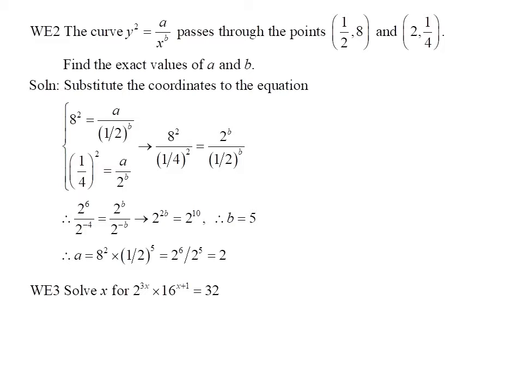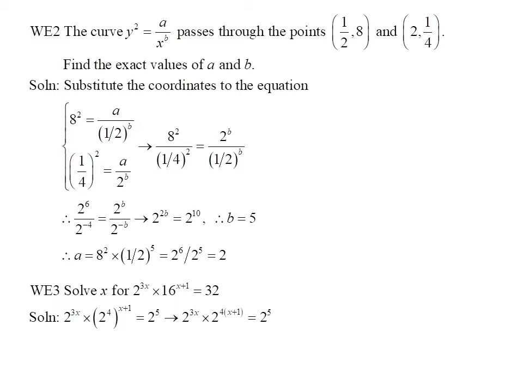Example 3 is to solve an exponential equation: 2 to the 3x multiplied by 16 to the x plus 1 equals 32. Since the base 16 can be rewritten as 2 to the 4th, and 32 can be expressed as 2 to the 5th, the exponential equation becomes 2 to the 3x multiplied by 2 to the 4 times (x plus 1) equals 2 to the 5th.